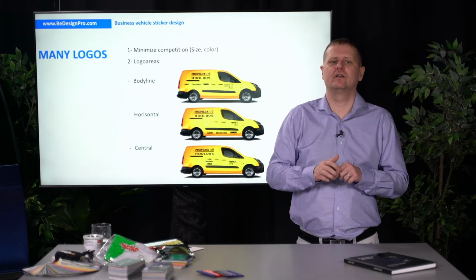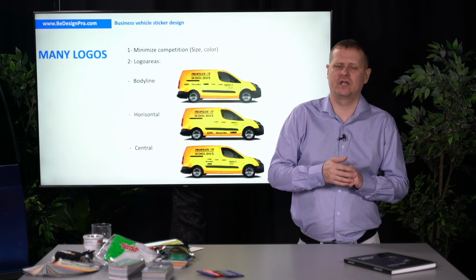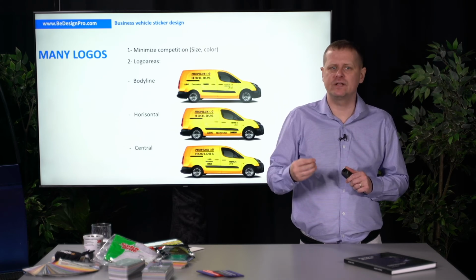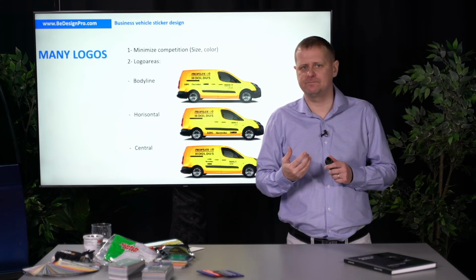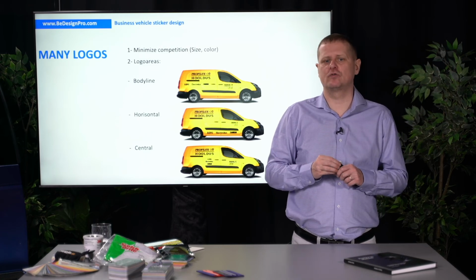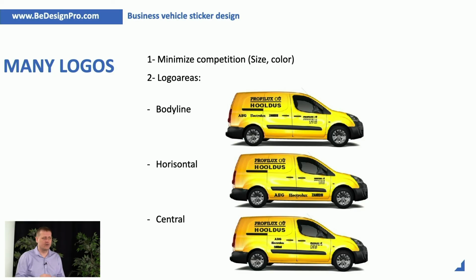So we created 3 different logo areas for this. Firstly, we followed the body line, where all 3 logos, as you can see on top, were aligned in a straight line. Secondly, we created a horizontal version of the logos.